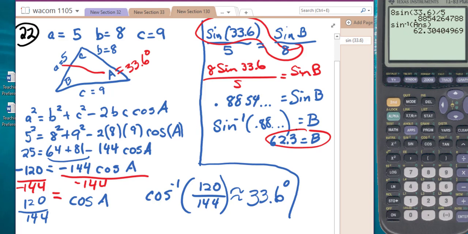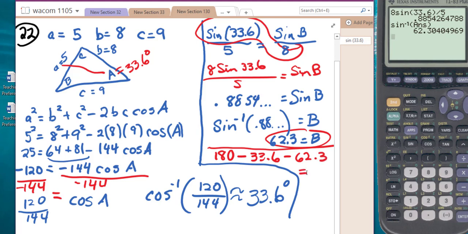All right, that is how to keep from getting round off error. And to get the third angle, we would work from 180 minus these two angles. So 180 minus 33.6 minus 62.3.